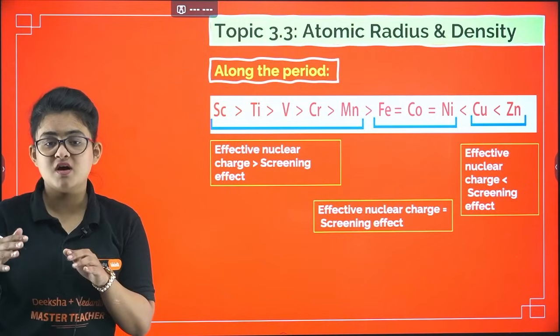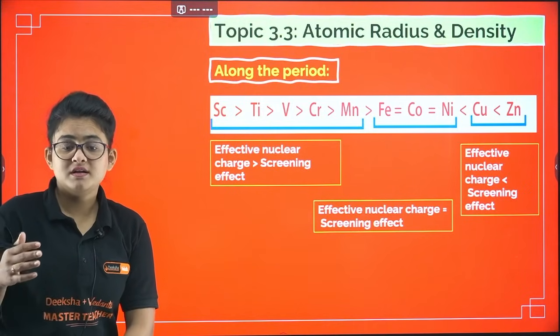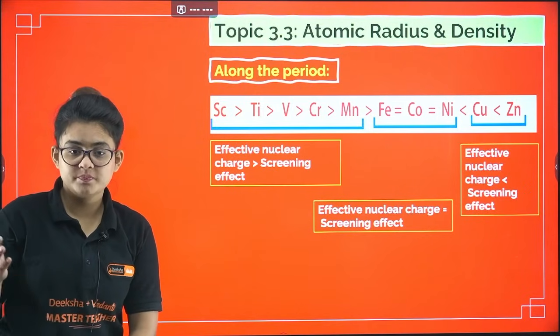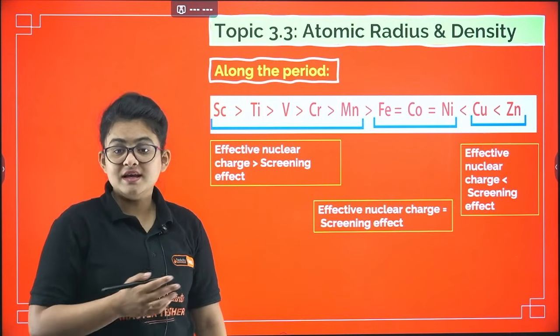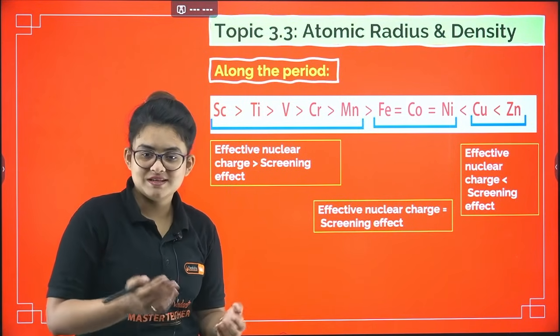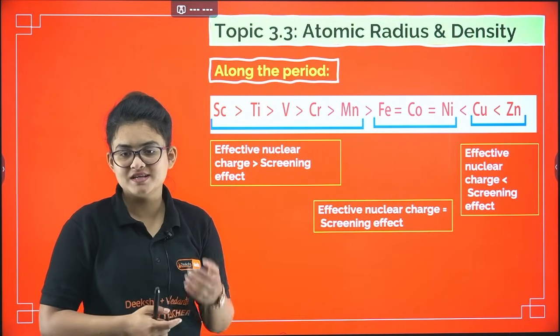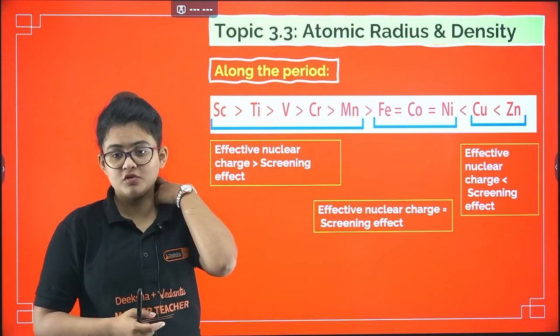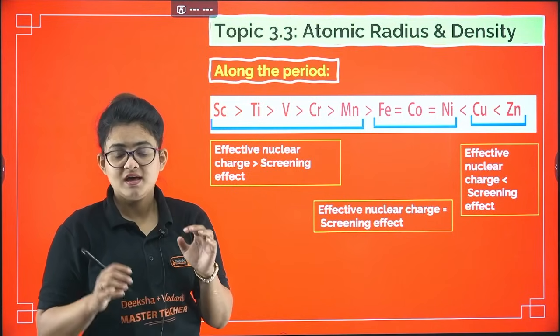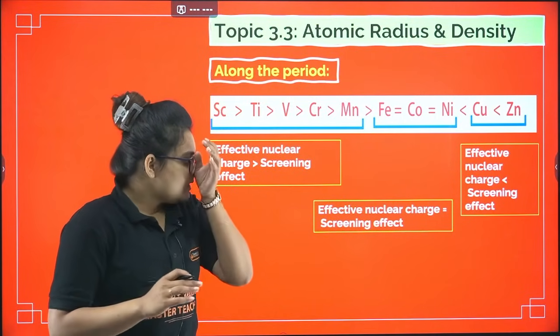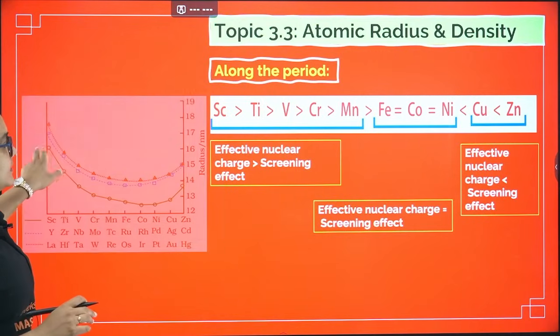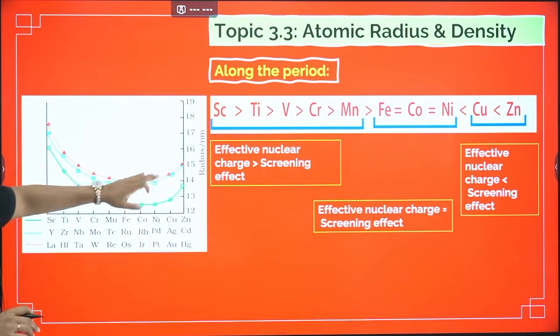But after nickel, when the d orbital gets filled up, d10 configuration, effective nuclear charge becomes lesser than the screening effect, and hence zinc and copper have larger radii. I guess it's clear. Yeah, let's proceed. This is the overall trend.